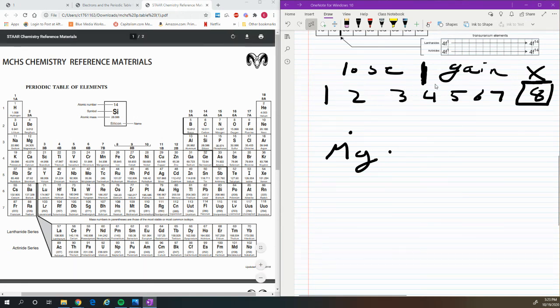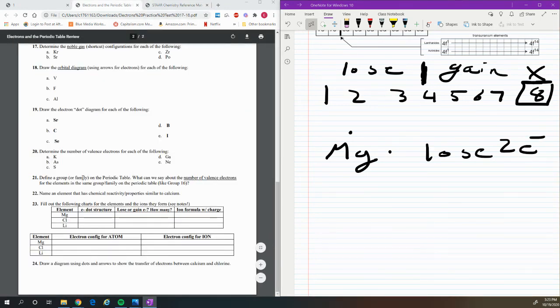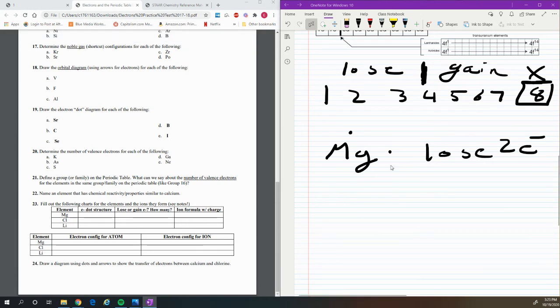It's to the left of group 14, so we already know that it's going to lose 2 electrons. And then the last bit is the ion formula charge. If you lose your negativity, if it goes away, now you don't have those electrons weighing you down. Now you're a happy person by +2, because those electrons aren't negative, they're away from you.